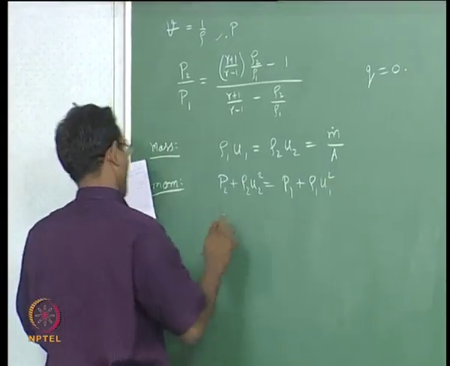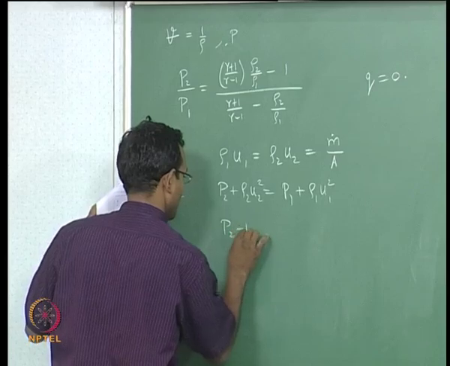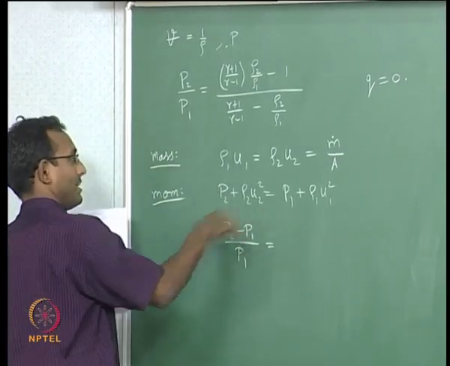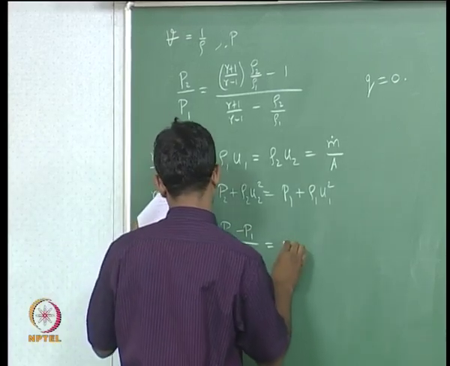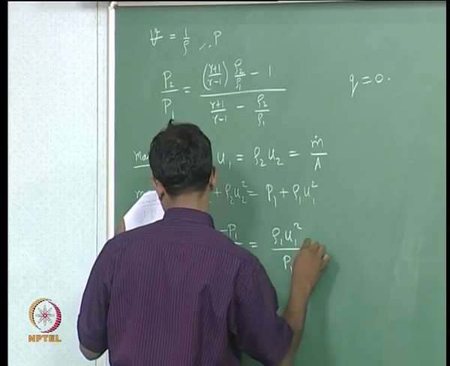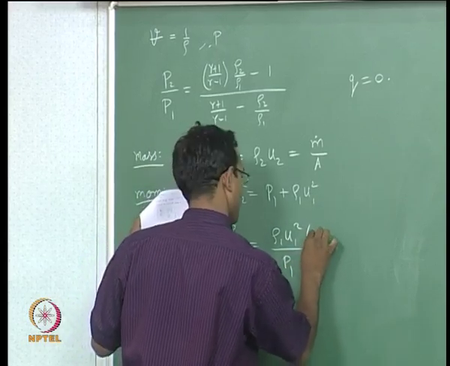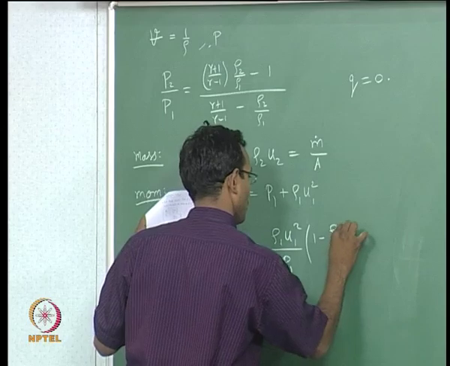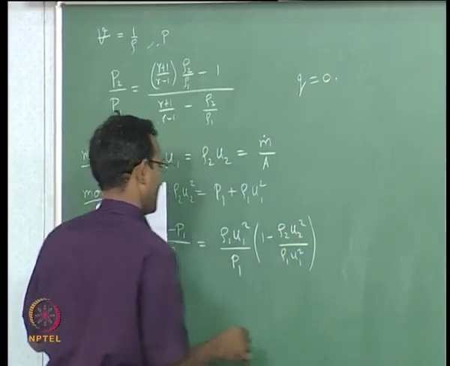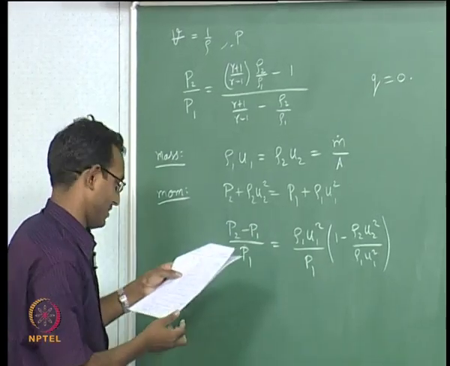Okay. From here I can directly go P2 minus P1 by P1. Okay, I take it to this side and divide by P1, that is going to give me rho 1 u1 square by P1 into 1 minus rho 2 u2 square by rho 1 u1 square. I jumped a step in the middle, but you can easily see that.